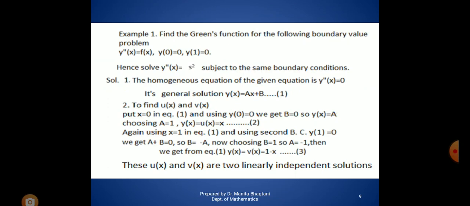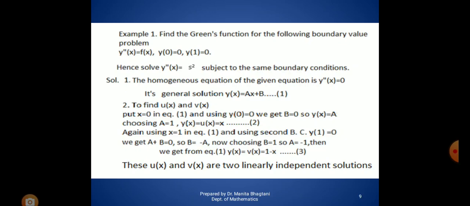Step 2. To find u(x) and v(x). What are u(x) and v(x)? u(x) and v(x) are linearly independent solutions. Now we put x equals 0 in equation 1, and using the first boundary condition, that is y(0) equals 0, we get b equals 0. So putting b equals 0 in equation 1, we get y(x) equals ax. Because a is an arbitrary constant, if we choose a equals 1, then y(x) equals u(x) equals x.